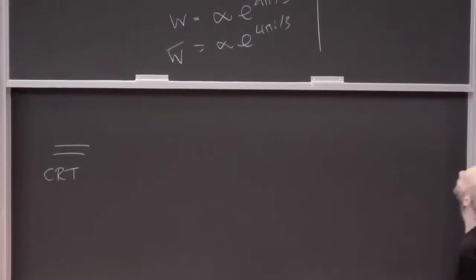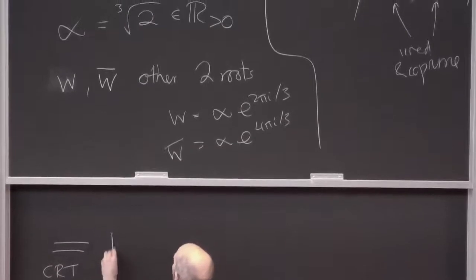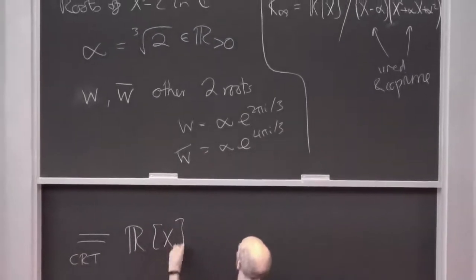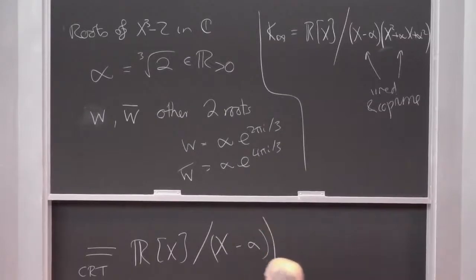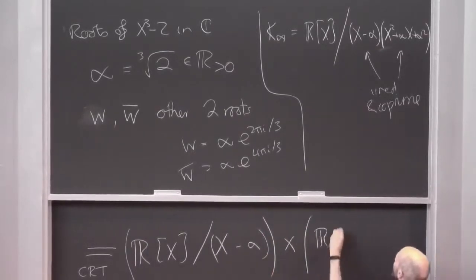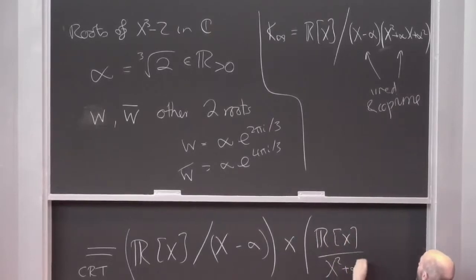The proof of that generalizes to showing things like this. So this is going to be R of x modulo x minus alpha, cross R of x modulo x squared plus alpha x plus alpha squared. So I've figured out what K infinity is.